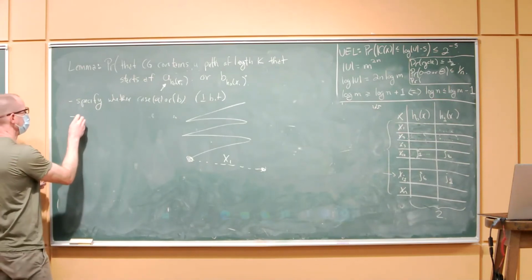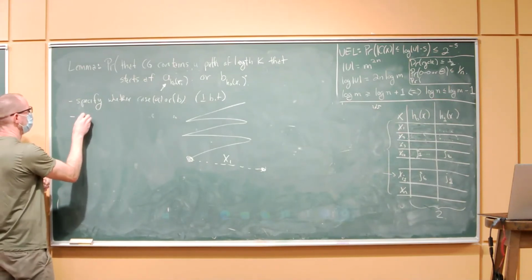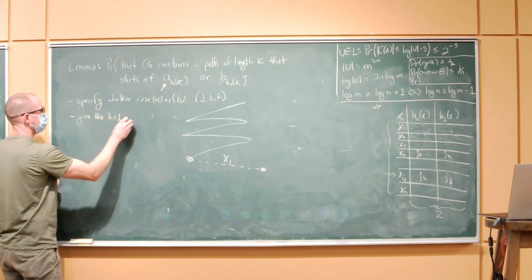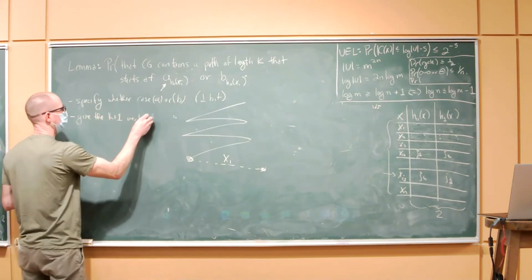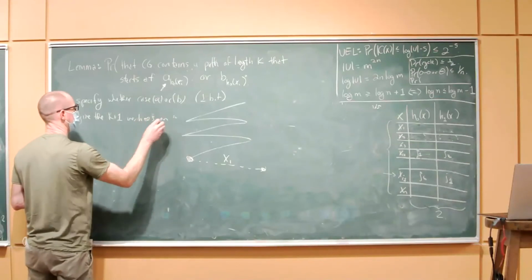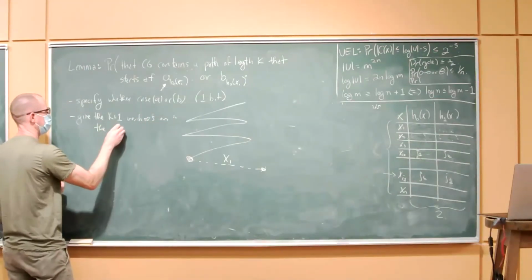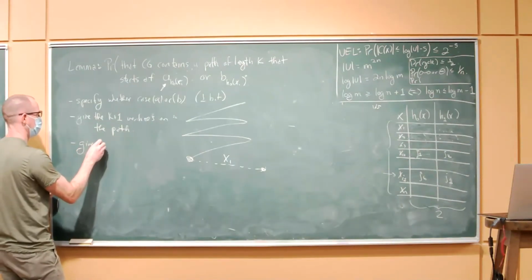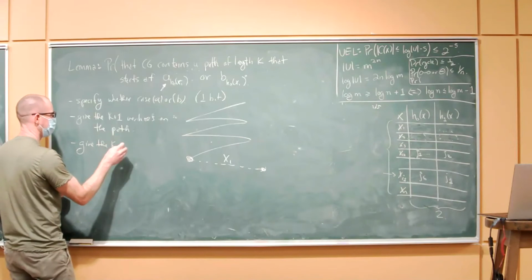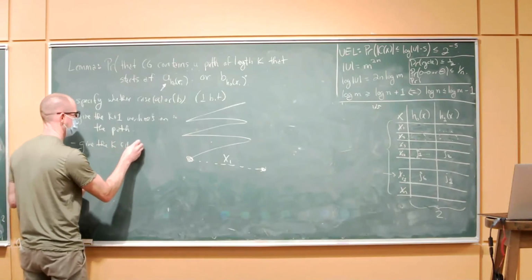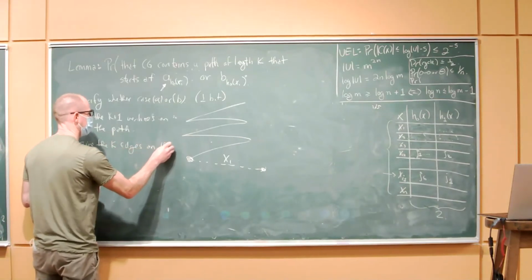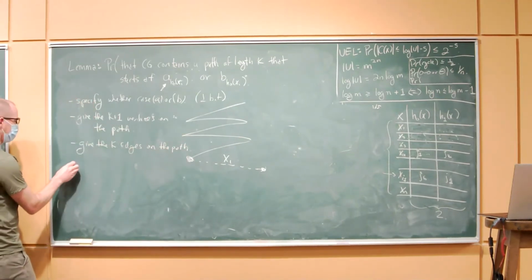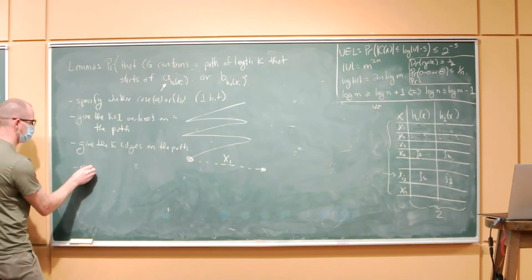Then I'm going to give the k plus 1 vertices on the path. And then give you the k edges on the path. And then everything else.